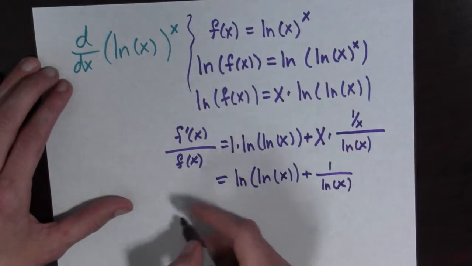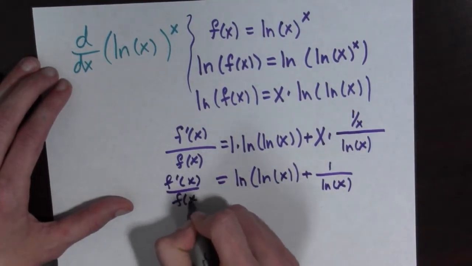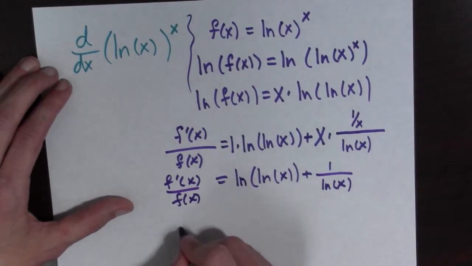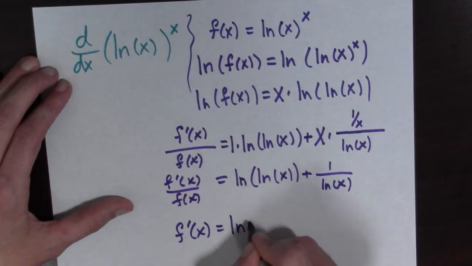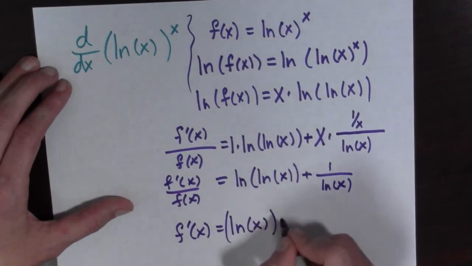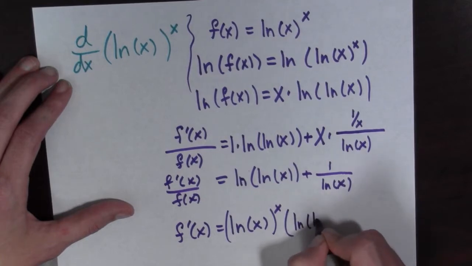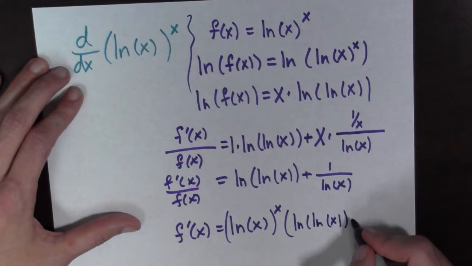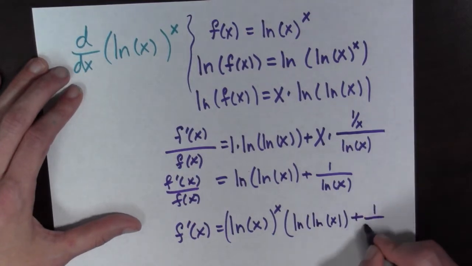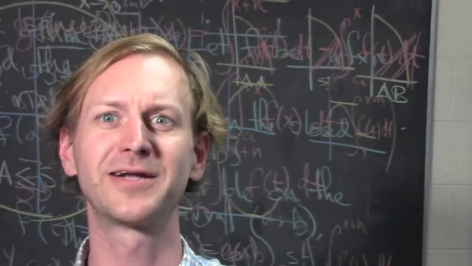And so now this is f prime of x all over f of x. If I multiply both sides by f of x, we get that f prime of x is equal to natural log of x all raised to the x times natural log of natural log of x, make sure I have my parentheses all right, plus 1 over natural log of x. There we go. Final example done.